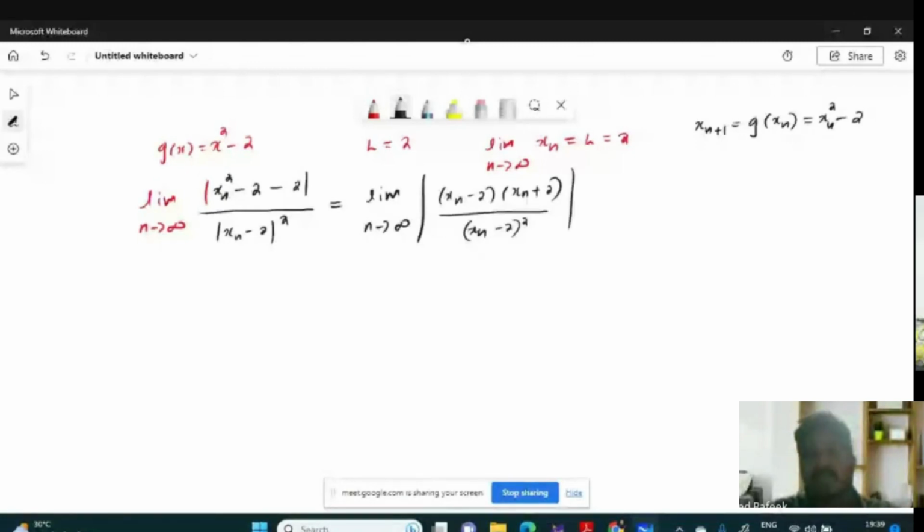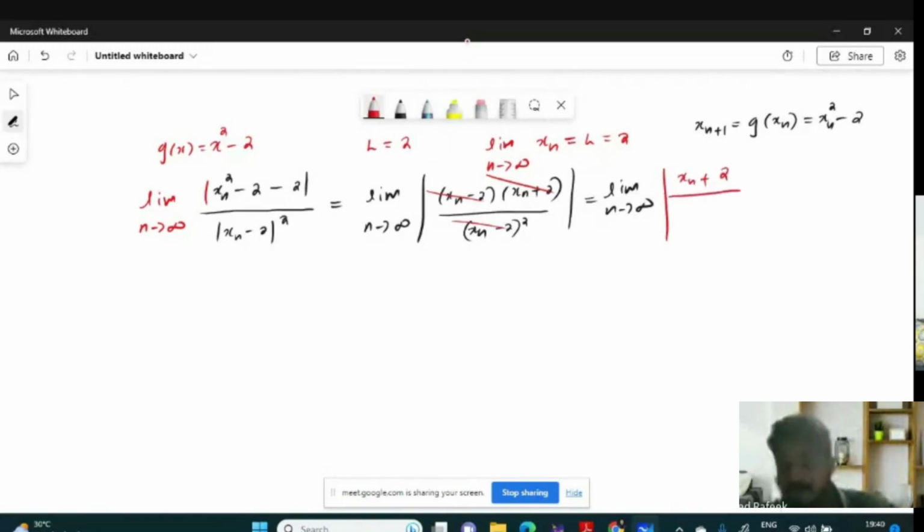By the properties of modulus, cancel out x n minus 2 and x n minus 2. So finally you have x n plus 2 divided by x n minus 2. See, limit tends to infinity, x n is equal to 2, so above it becomes 4 by 0. 4 by 0 means it is infinity. It's not finite. So that is an incorrect option. Let us go with option 2.